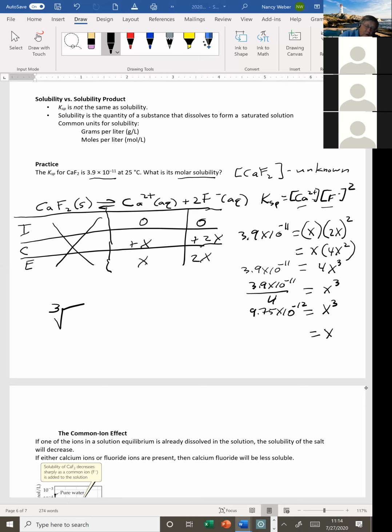If they don't, the other way you can do it, which works on any calculator that has exponents, take 10 to the minus 12 and put that in parentheses and then raise that to the 1/3 power.